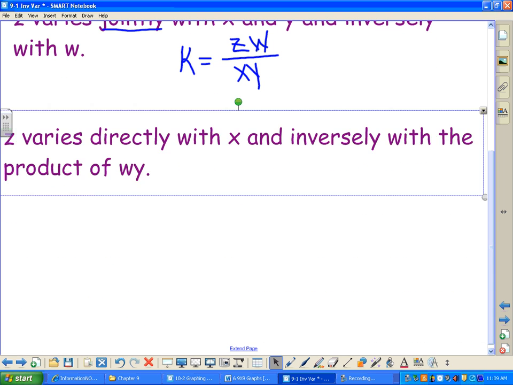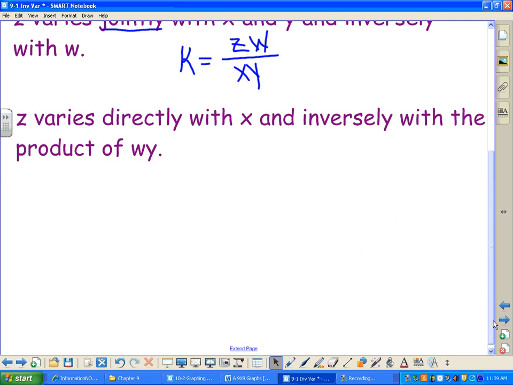All right, you write this one out. See if you can do this one. Z varies directly with x and inversely with the product of w and y. All right, Zach, did you get it?